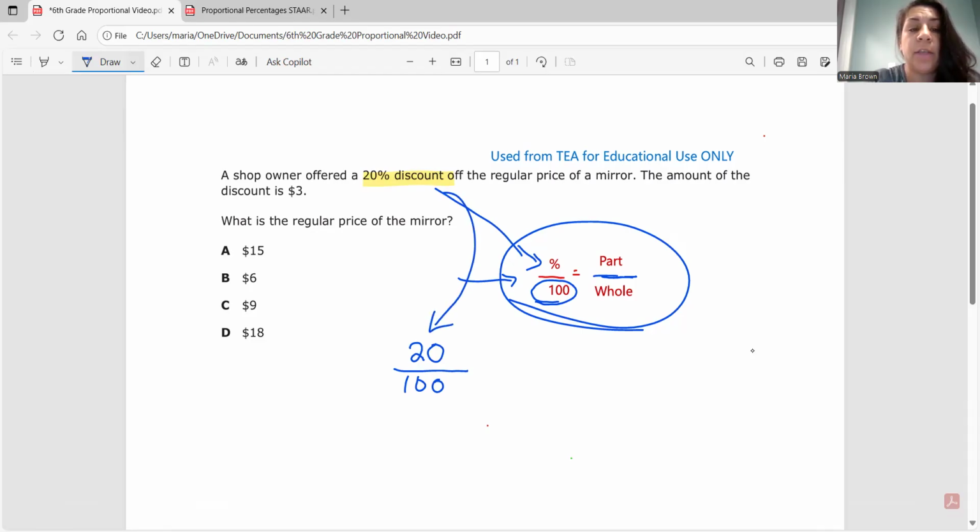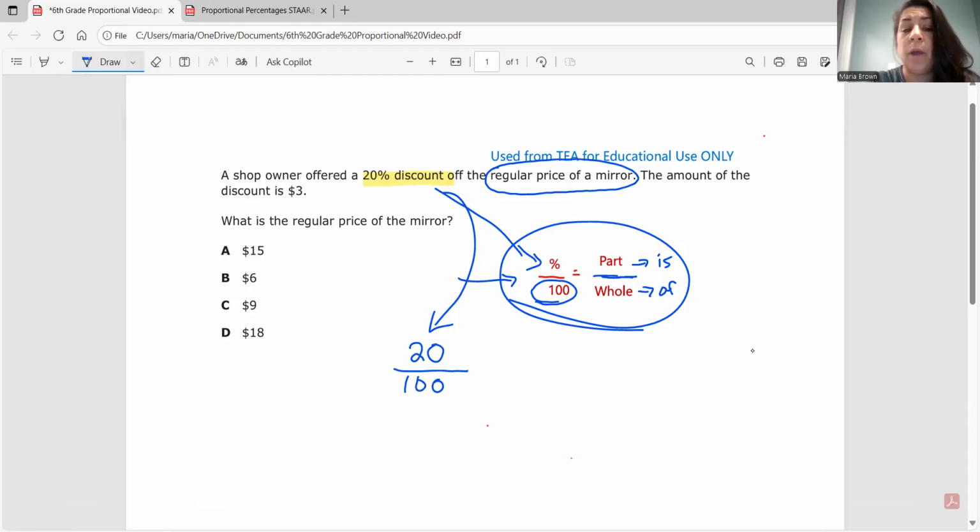Then it says a shop owner offered a 20% discount off the regular price of a mirror. The regular price of a mirror, if you remember, I said for keywords we're going to look for is and we're going to look for of. This is a part of a whole. But let's read the rest of it before we go on.